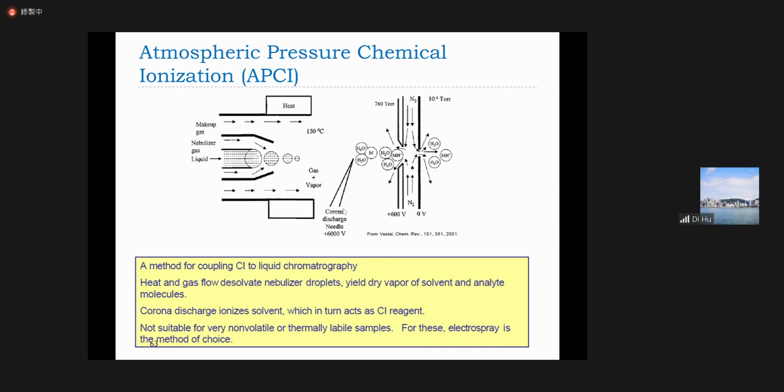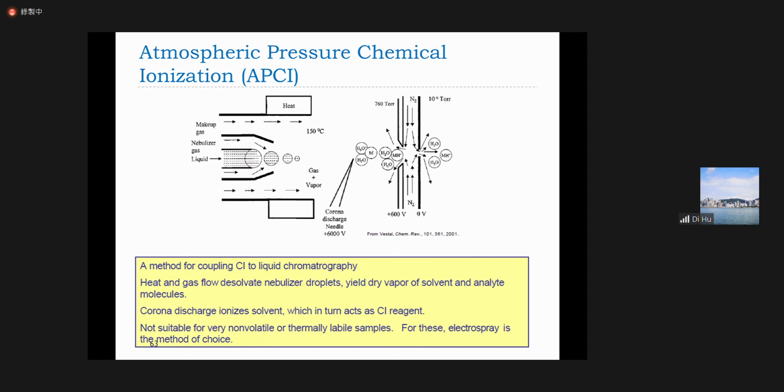You can see here is the needle, and a high voltage is applied at the tip of the needle. That means the ionization is not taking place in the liquid phase, so it's different from ESI, where everything got charged in the liquid phase. Now in APCI, the ionization happens in the gas phase.